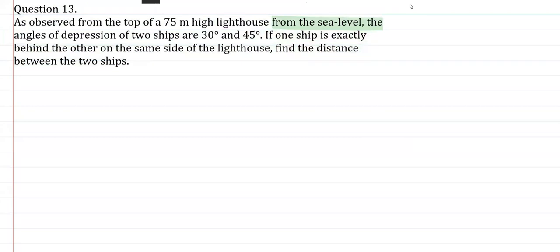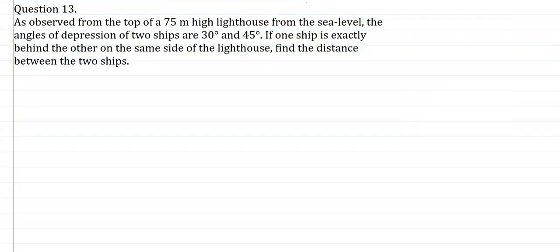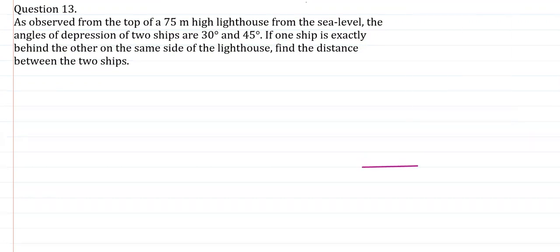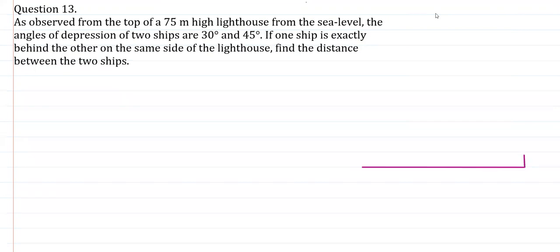So first, what we need to do is to make the base. Let's say I make the base here, and then I'll make the tower, or the lighthouse in this case. So this is the lighthouse.